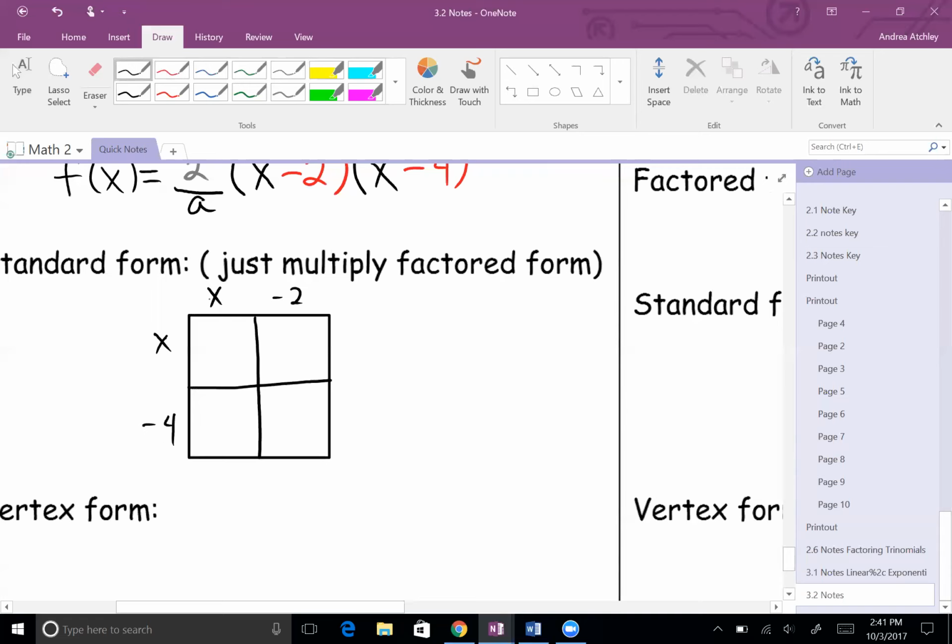I'm going to multiply it out. X times x is x squared. X times negative 2 is negative 2x. X times negative 4 is negative 4x. And negative 2 times negative 4 is negative 8. Not negative. What is wrong with that? Positive. A negative times a negative is a positive. Okay.